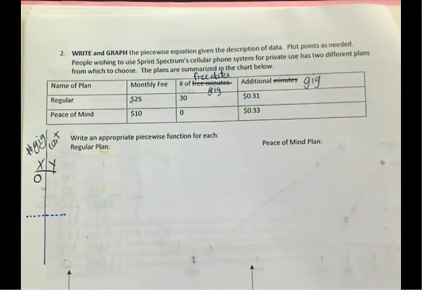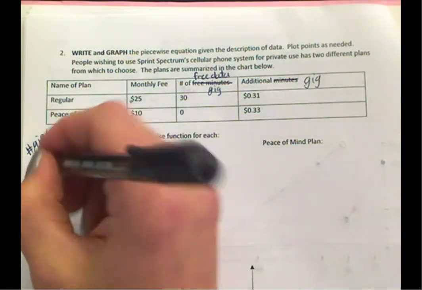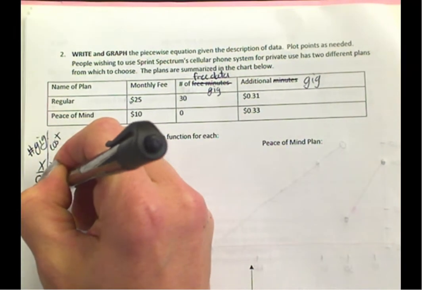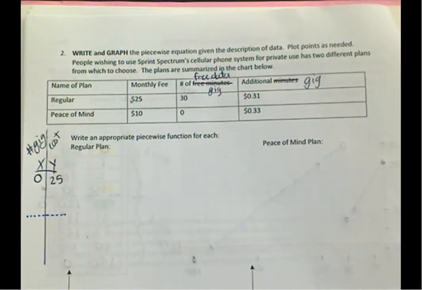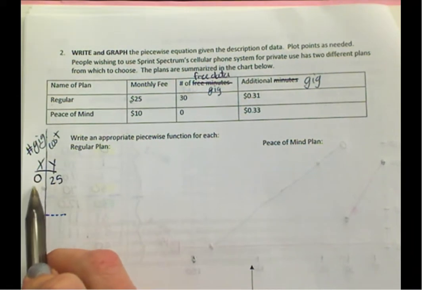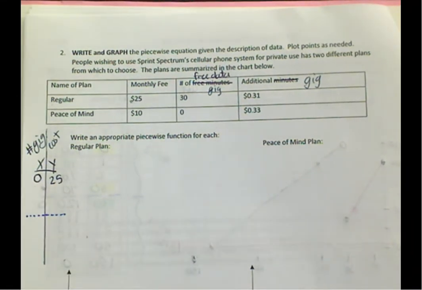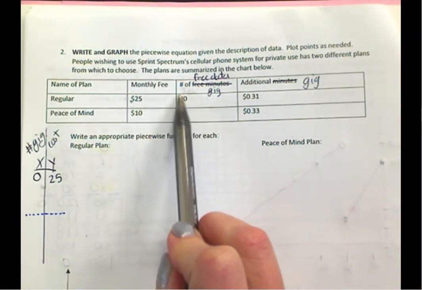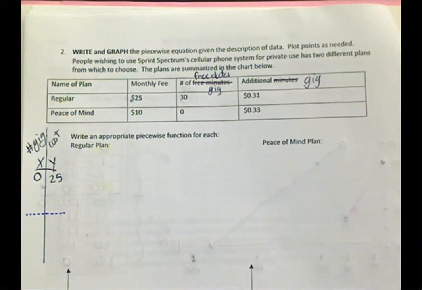0. Possible? Yes. Maybe just don't turn your phone on. Okay? So, how much is that going to cost you? 25. Now, if you don't have to skip units by 1, you can skip to whatever makes sense. 30 gigs, right? Min and maxes per section are helpful.